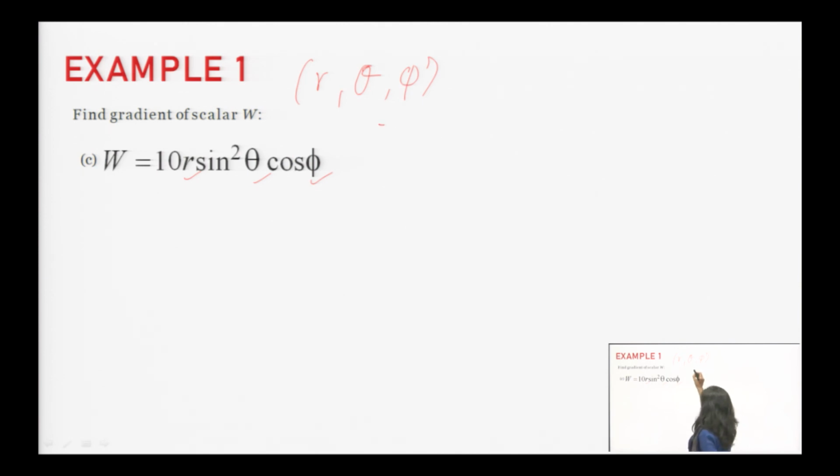The gradient formula in spherical coordinates, del w, will be expressed as dw by dr ar plus dw by d theta a theta.